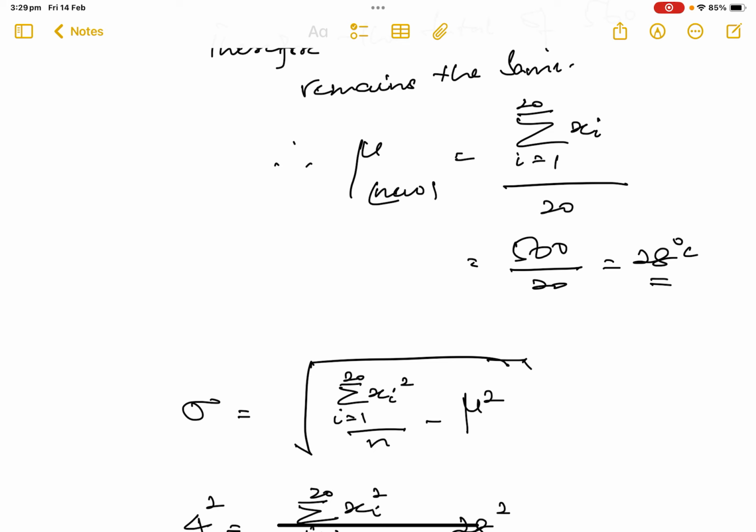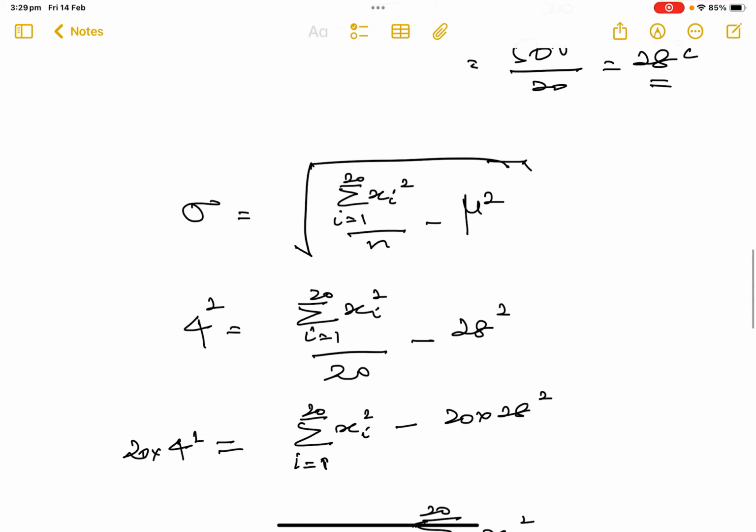28 degrees C. But then the sigma, the standard deviation. The standard formula is the square root of the sum of xi squared, i from 1 to 20, divided by n, minus mu squared. This is a standard formula, which can be proved, but we don't need to prove it, it can be used. The sigma given in the question is 4.